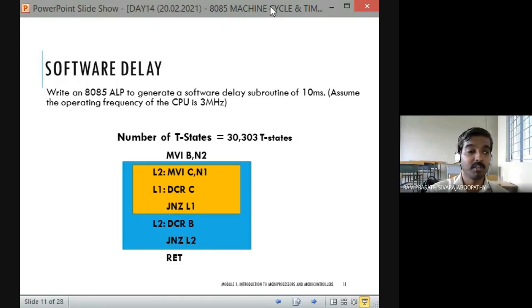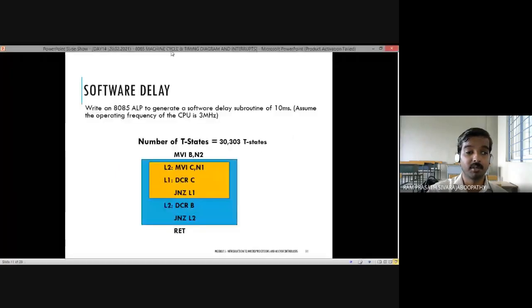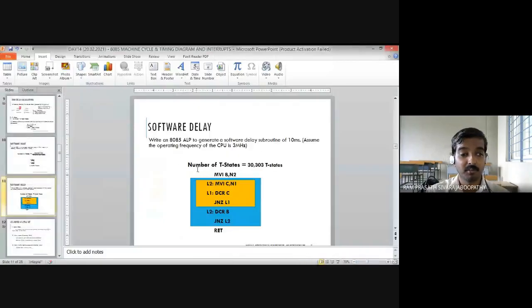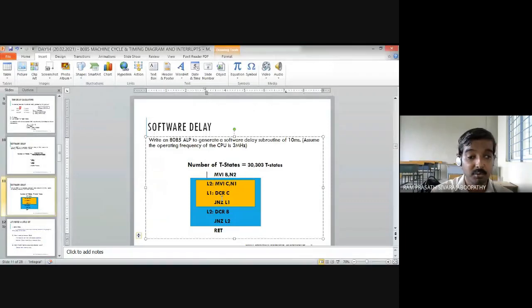I have called this a subroutine, correct? To generate a software delay subroutine of 10 millisecond. Then what is the meaning? At the end of this particular program, put a return, and whenever I want delay I can call this program. Correct? So now in this program we have to add one more label. Here I have to type delay.